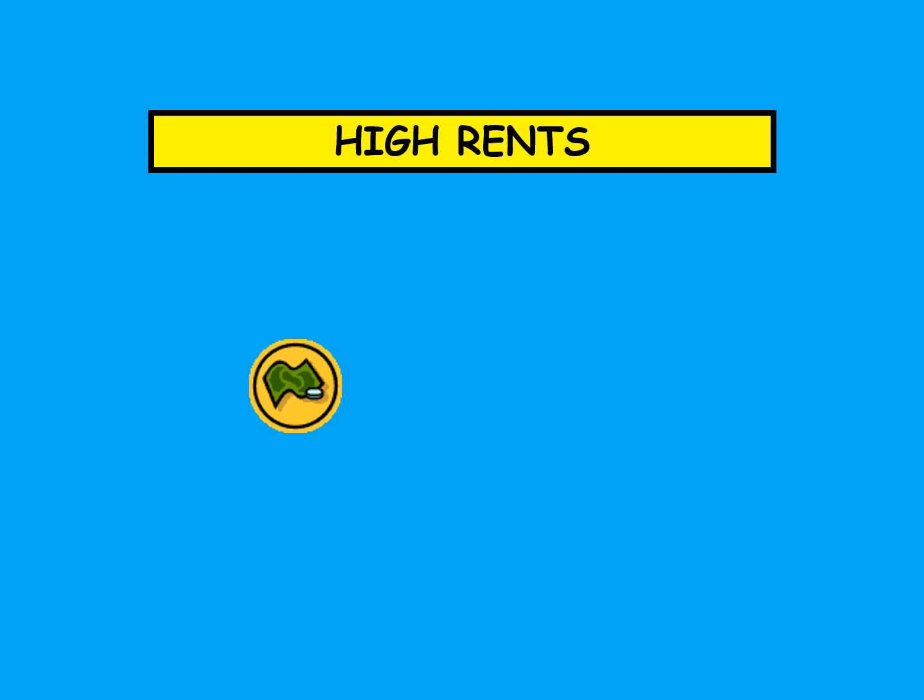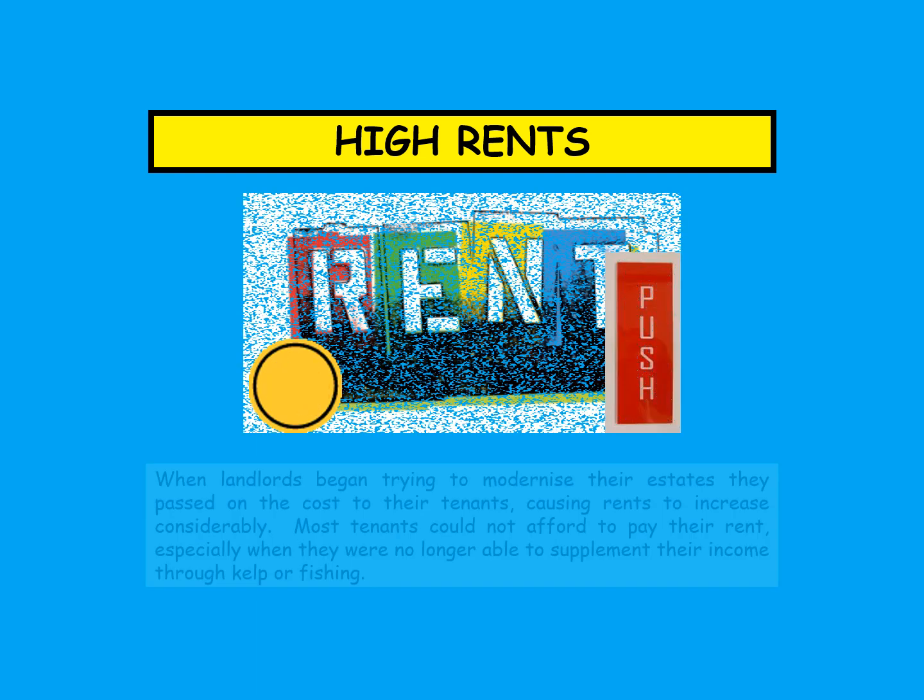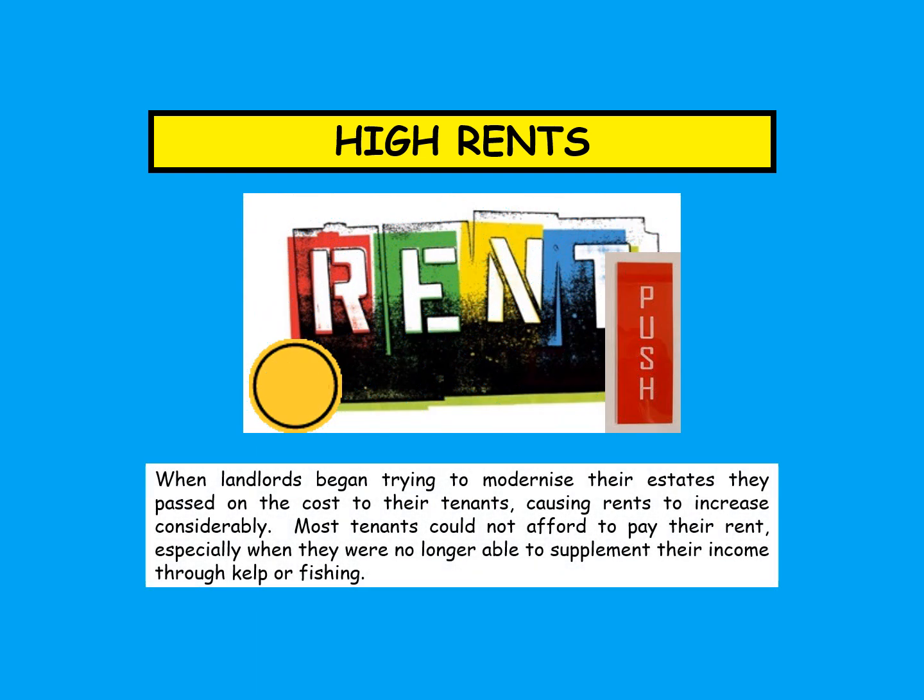High rents then, being the next one, is again a push factor, and we've already used this one as our example, so this might be the one that everybody started with. So the landlords are obviously trying to modernise their estates, they're trying to increase the amount of room that they've got, what it looks like and things like that, but in order to do that the money has to come from someplace.